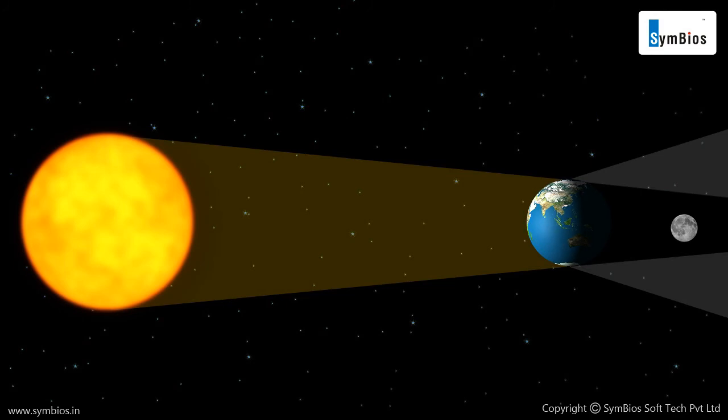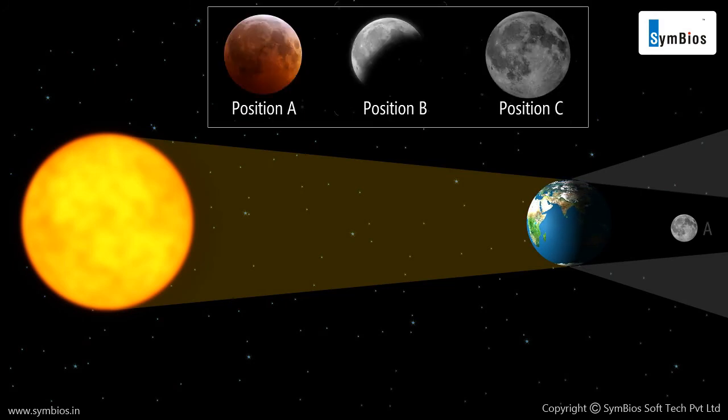When the moon is in position A, the shadow of the earth covers the moon completely. This is when a total lunar eclipse is observed. If the moon is in position B, that is, partly in umbra and partly in the penumbra, a partial lunar eclipse is observed.